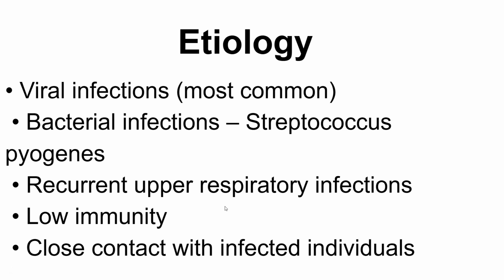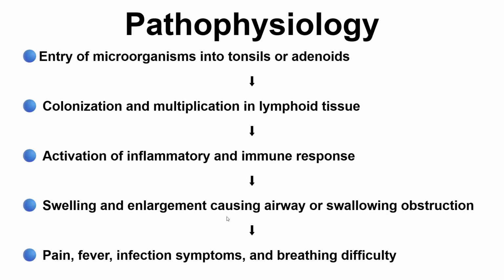Recurrent and frequent upper respiratory infections like pharyngitis, rhinitis, laryngitis can also lead to tonsillitis and adenoiditis. If the person has low immunity, it can also lead to the condition. And if the person comes in close contact with infected individuals, it can lead to the disease condition.